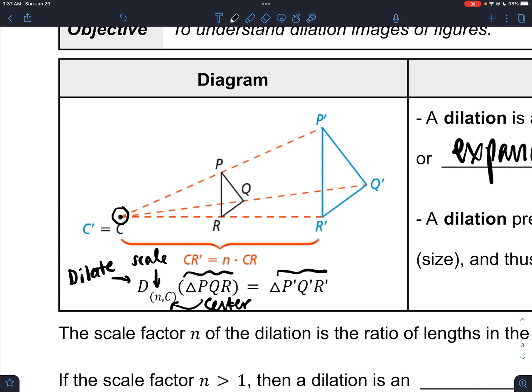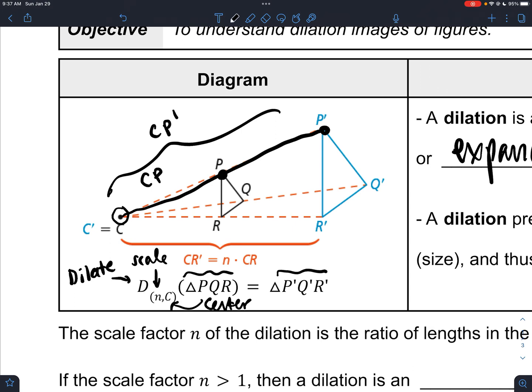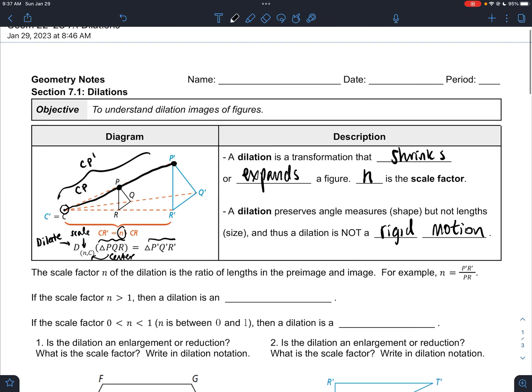It can happen from a point on the object, or it could happen from a point distant away. But you can see that these guidelines are showing us where P is going. And the real scaling is happening as CP is becoming CP prime, and you multiply times n to make that change.